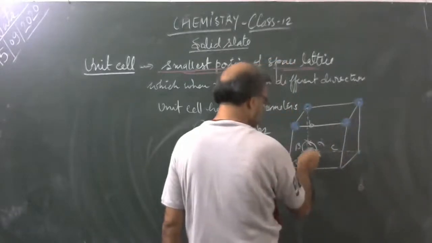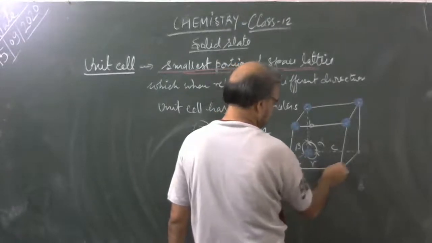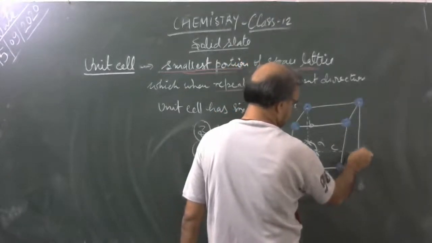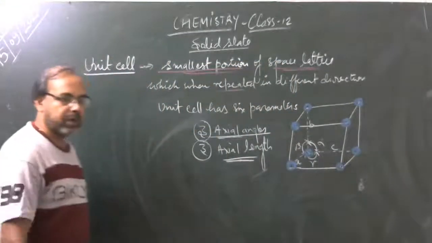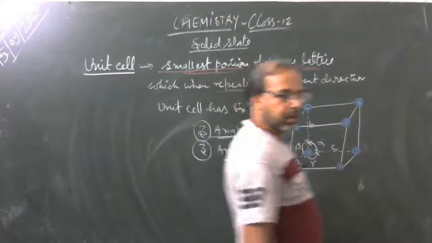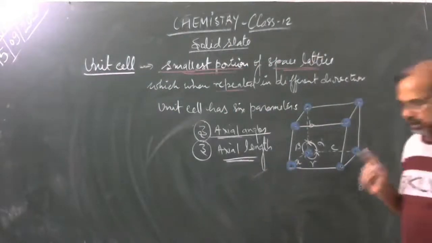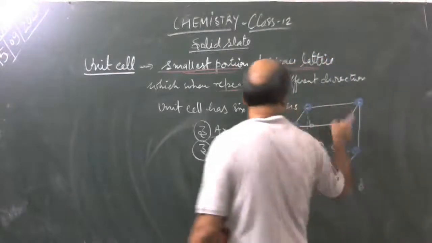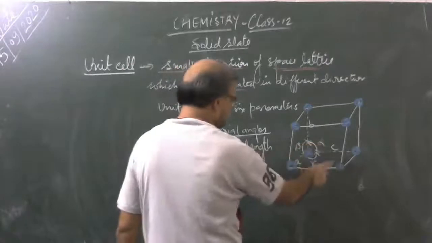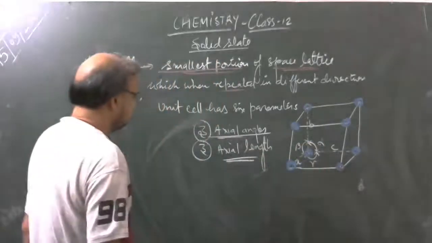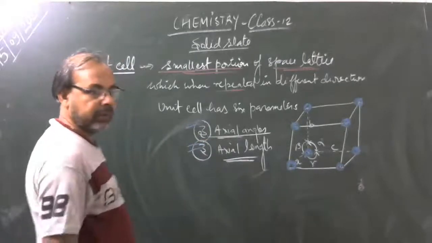Here in this case, these are the four corners of the unit cell of space lattice where the atoms, molecules, or ions are arranged. And there are six parameters, three axial angles and three axial lengths of the unit cell.